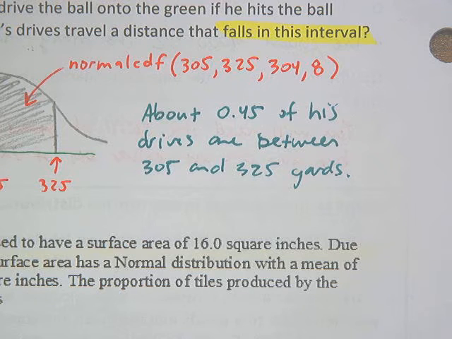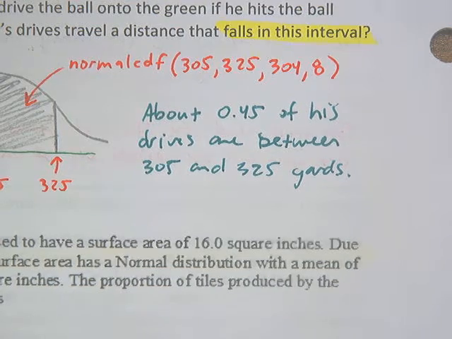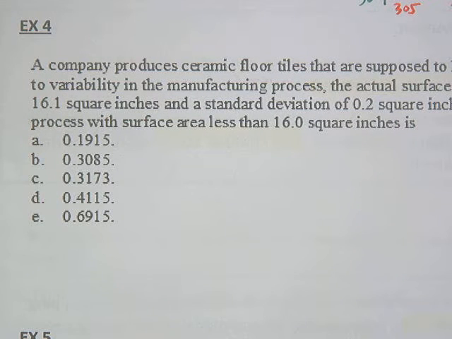Example 4 is a sneak peek of a test question. I want you to know how this will be asked on a test. The company produces ceramic floor tiles. They're supposed to have a surface area of 16 square inches.